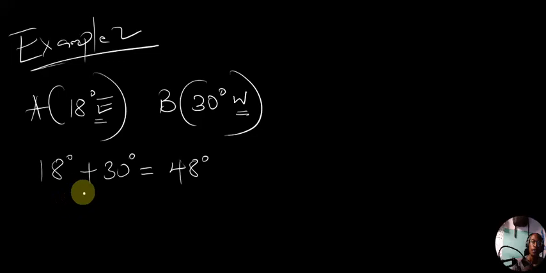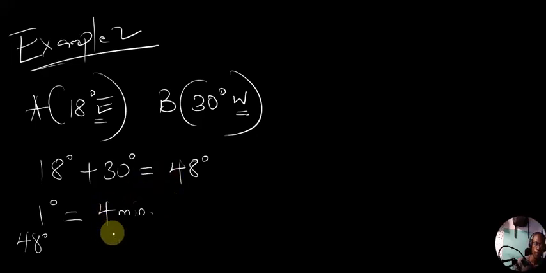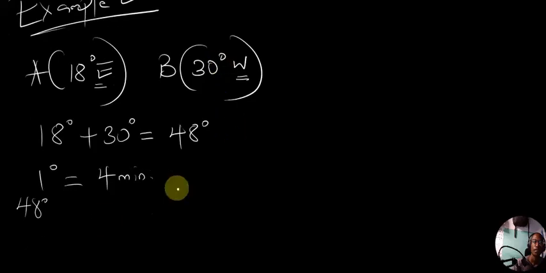So to get the exact time, use 1 degree is equal to 4 minutes. What about 48 degrees? There we have to cross multiply, where we are going to have 48 degrees. We multiply it with the 4 minutes, and then we divide by 1 degree.